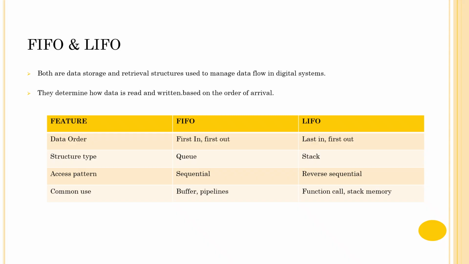So, in short, FIFO is perfect for sequential data flow while LIFO is ideal when you need to reverse or nest operations. Together, these two concepts keep data moving efficiently and predictably across your digital design, just like an organized queue, keeping everything in order.